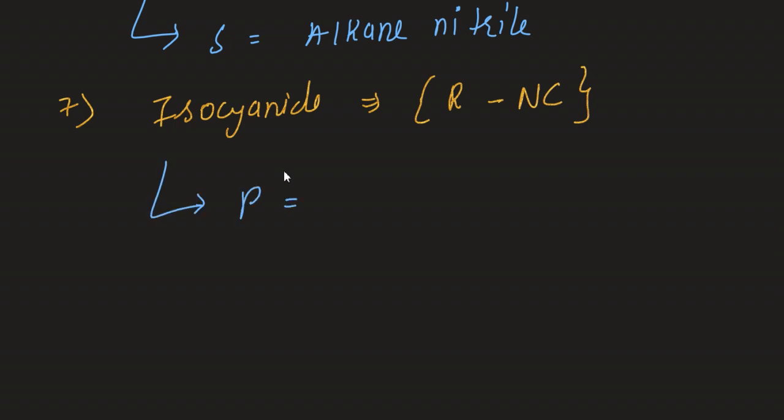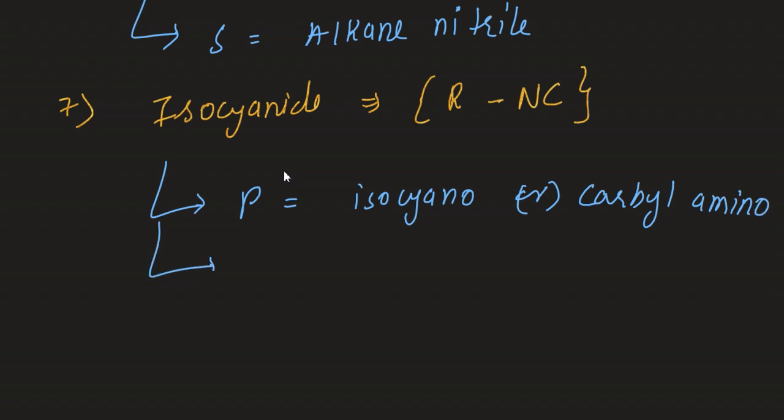Whenever it is acting as a prefix, its name is nothing but isocyano, or carbylamino. Next, whenever its function is suffix, then you should call it alkane isonitrile.